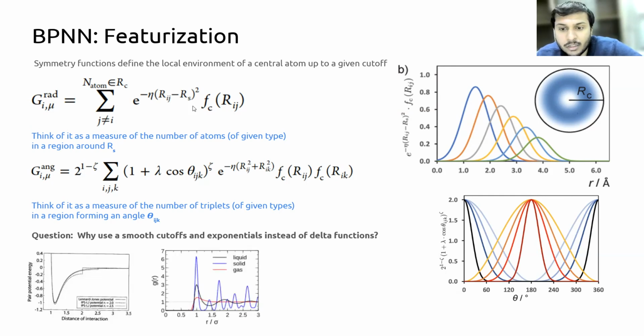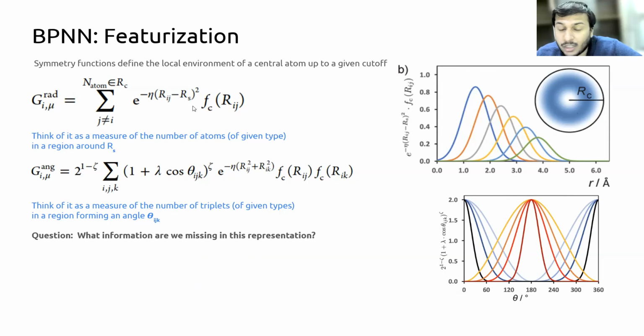All right. Okay. So what kind of information are we missing in this representation? We have basically decided, okay, I'm going to sit on every atom and I'm going to count how many atoms are there at a distance of 1, 2, 3, 4, up to, let's say, my cutoff, between some intervals.